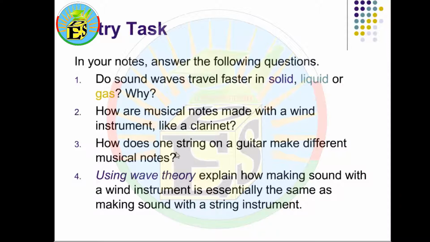How does one string on guitar make different musical notes? Using wave theory, explain how making sound with a wind instrument is essentially the same as making the sound with a string instrument. These questions we will ask about at the end of this lesson.